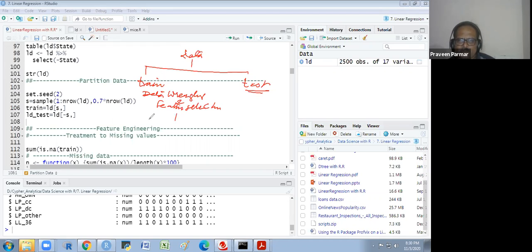And then we divide it into two parts before imputing, the feature engineering, and the treatment of missing values. Now the name is changed. From train, it is training and validation. Got it?